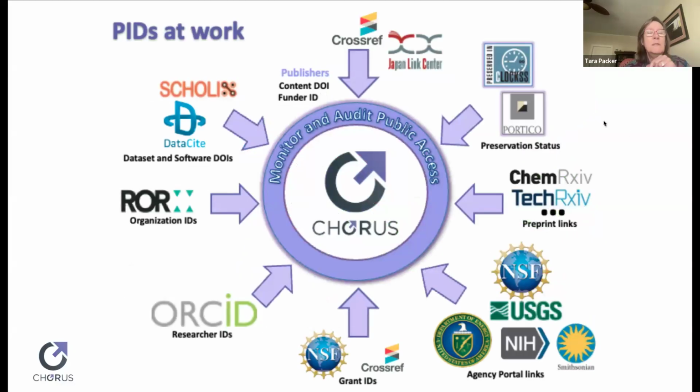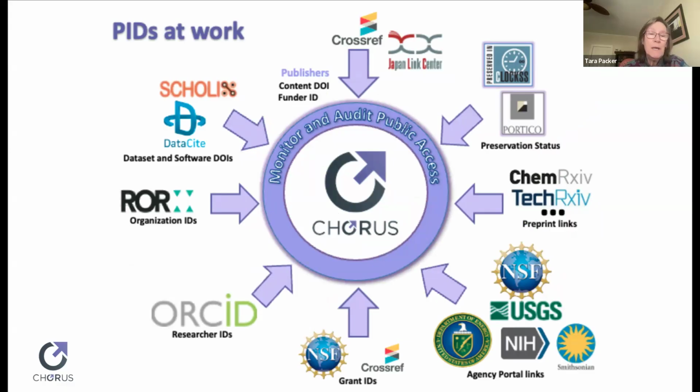Chorus deals with a lot of PIDs in addition to RORs. When I say deal with, we ingest a lot of the PIDs that publishers and others collect and then deposit to the likes of Crossref and DataCite.